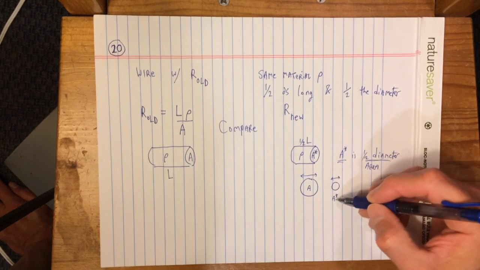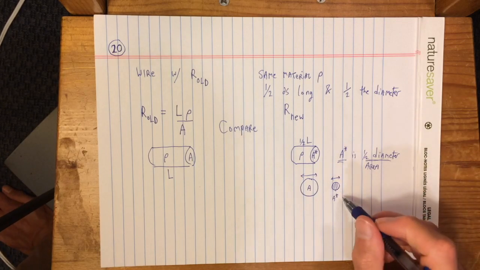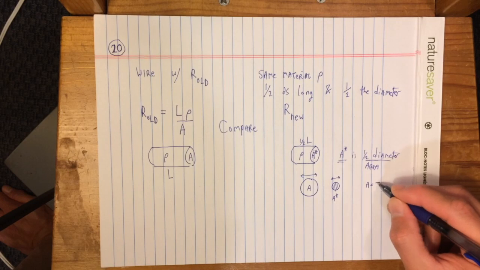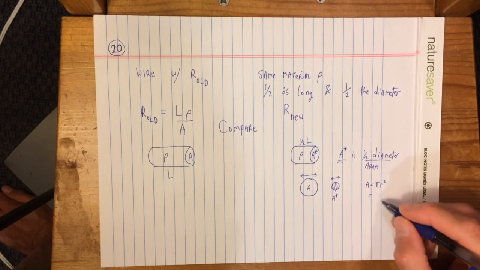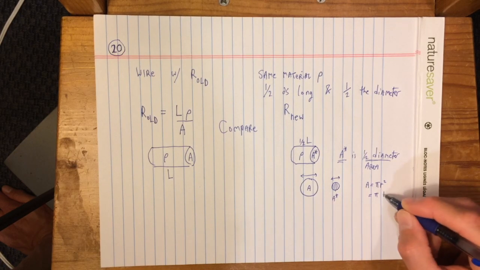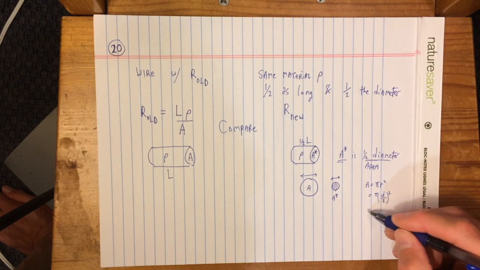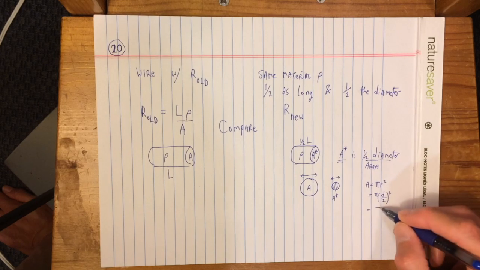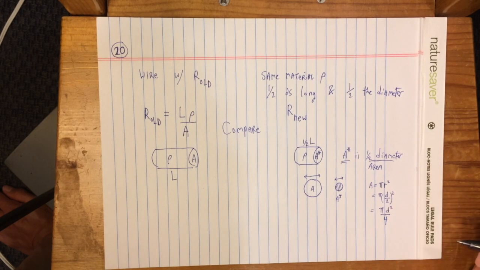So you can see A star is actually quite small compared to A. But let's do a little better than that. You know that the area is pi times the radius squared. Another way to say this is it's pi times the diameter divided by 2, all squared. So you have to square even the 2 on the bottom, right? Because it's r squared. So you get pi d squared over 4.